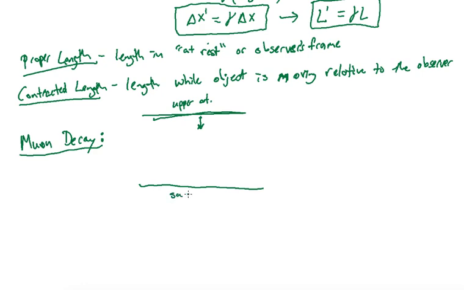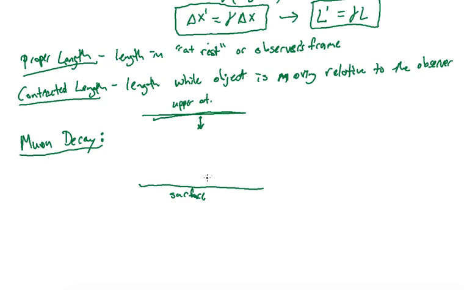They shouldn't make it because the time that it would take them at their speed to reach the surface of Earth is too long, and they would decay in that amount of time. But it turns out, if you go outside with a little detector, you can detect something like 70 or 80% of the ones that are created in the atmosphere still around by the time they reach the surface. So, classically speaking, this doesn't make any sense.